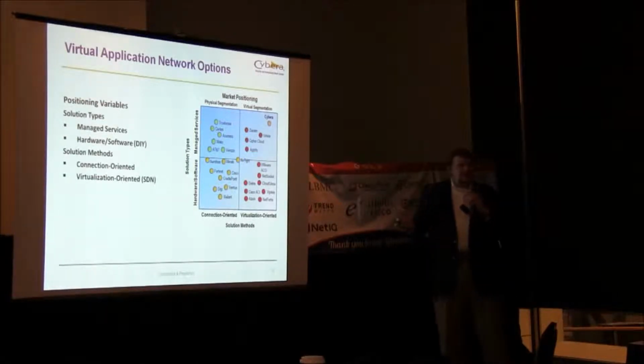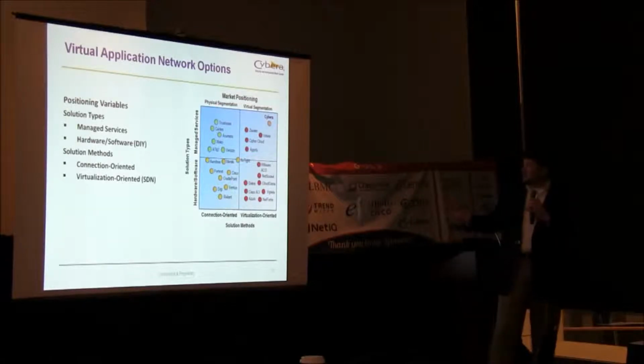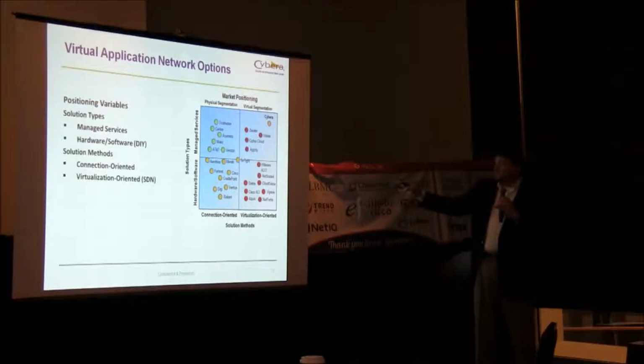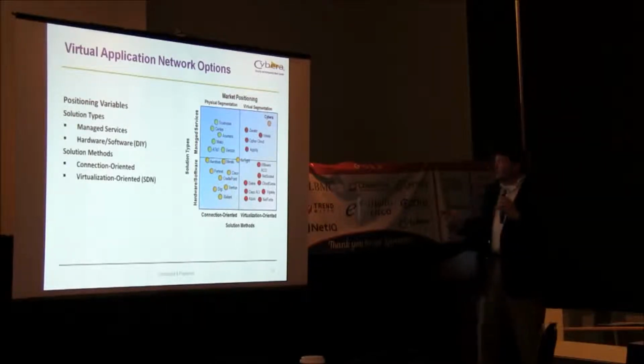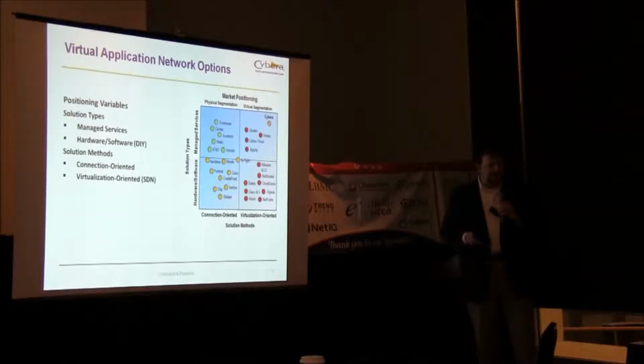Then there are solution methods: the connection-oriented methods that drive the physical segmentation model, and the virtual segmentation methods that are beginning to evolve out there, which give you that virtual segmentation model. Now, the truth of the matter is that many of these are very vested, very strong, very well-established players.